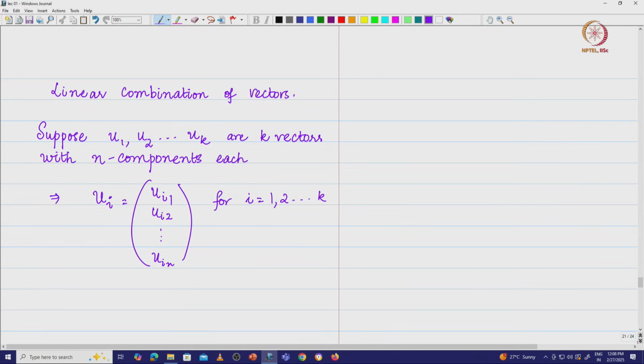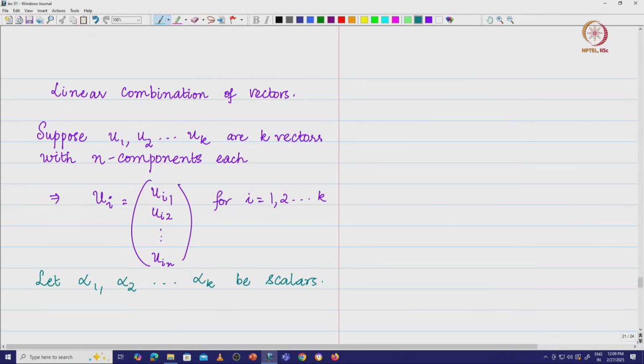Now I am going to take k scalars. Let alpha 1, alpha 2, etc., alpha k be scalars. Suppose the vectors are all real vectors, we are also going to consider the scalars to be real. So let us say these k vectors with n components are defined over the real field.